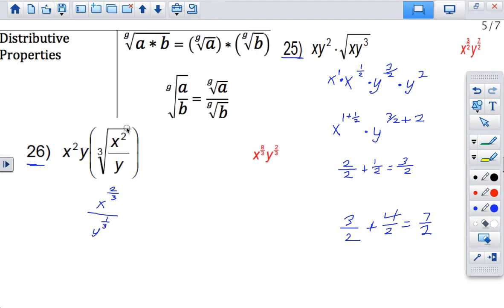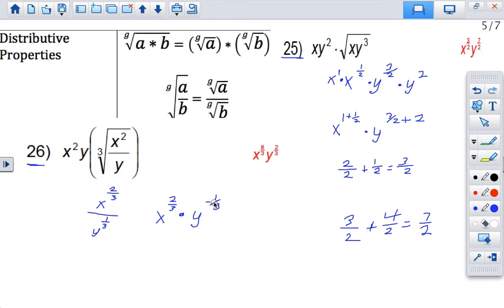Okay? And remember, if I have a term in the denominator, I can go ahead and move it up into the numerator by making this exponent negative. So what I'm going to have from that's just this stuff that's in parentheses is going to be x to the 2/3 power times y to the negative 1/3 power.